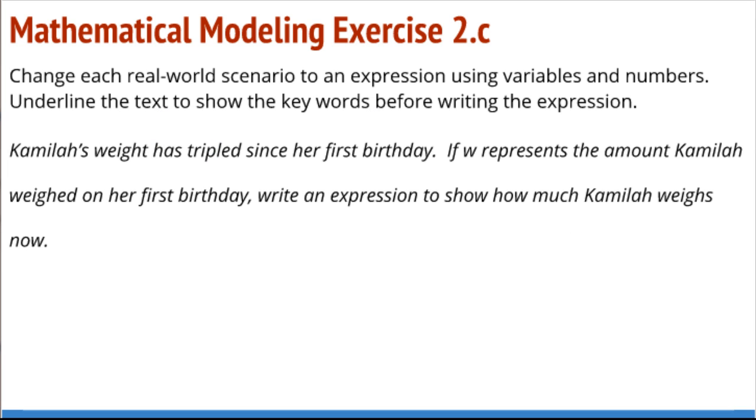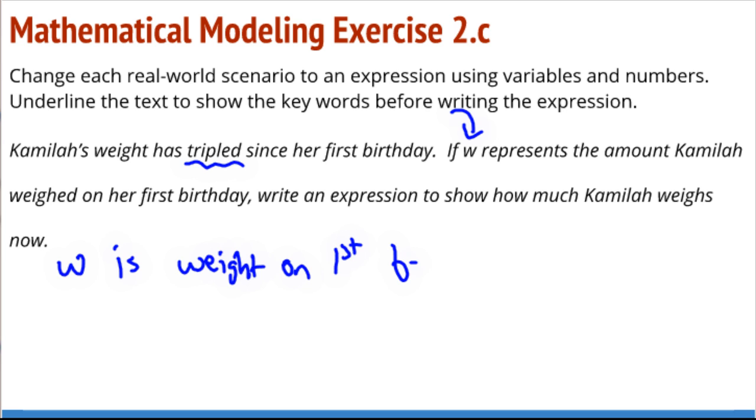All right. Camilla's weight. I'm going to go with Camilla. Camilla's weight has tripled. Oh, see, there's another multiplying word there. Tripled since her first birthday. W represents the amount Camilla weighed on her first birthday. W is weight on first birthday.